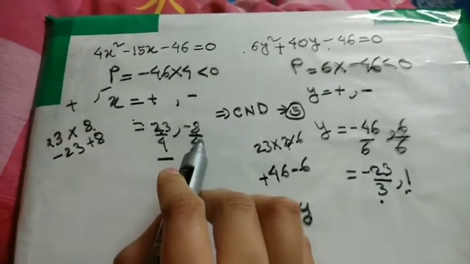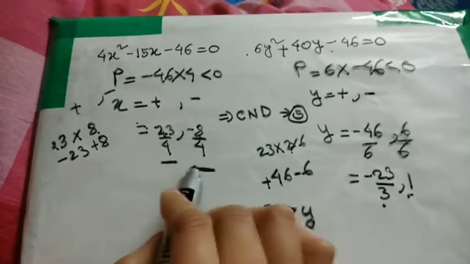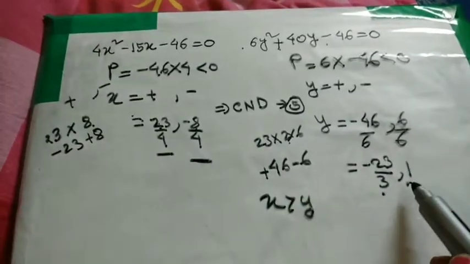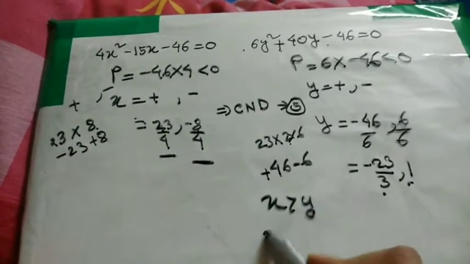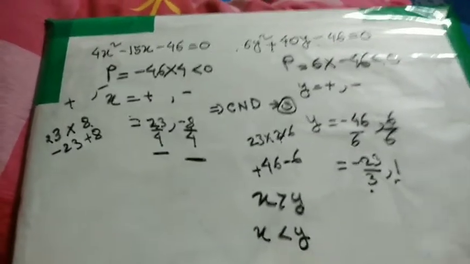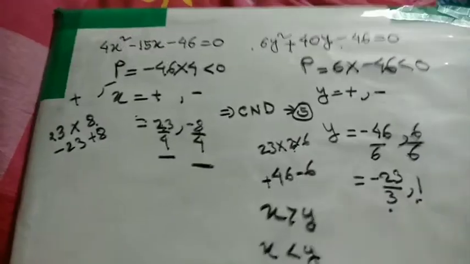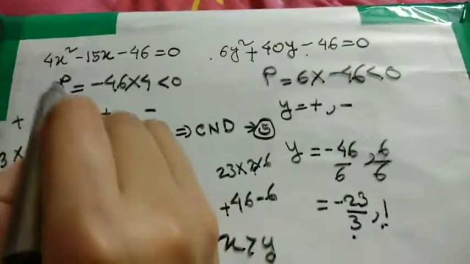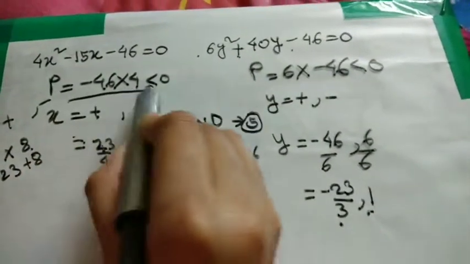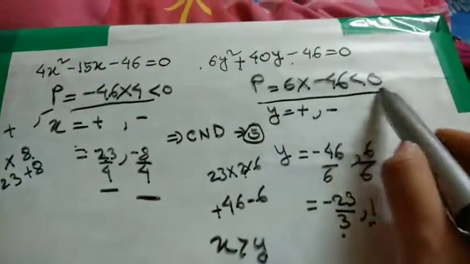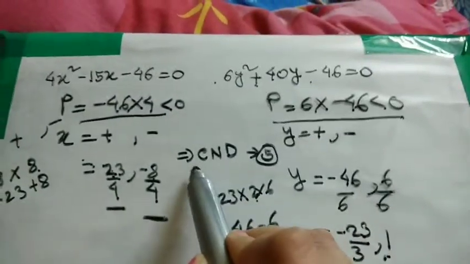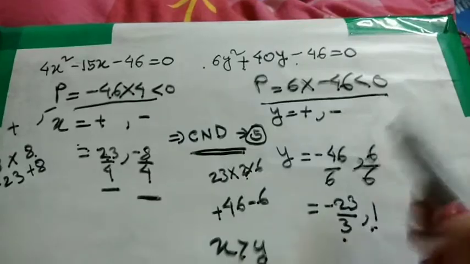Now if we take x equals minus 8 by 4, then compare with 1, it becomes less. They say x is less than y. So what we get? No relation. Therefore, whenever you see the product is less than 0 in both the equations, then your answer will always be cannot be determined, and no need to calculate.